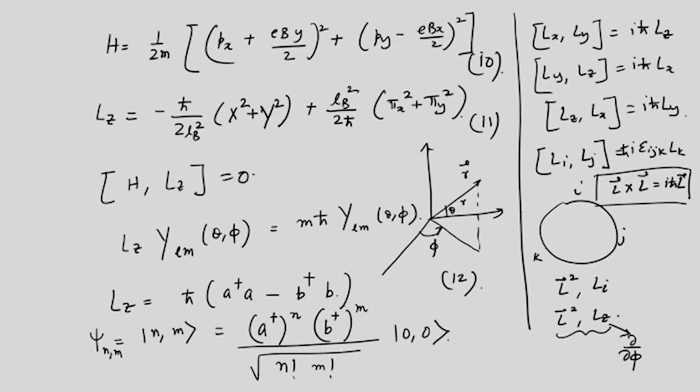We have introduced these new A and B operators in order to write the eigenstates of the Hamiltonian in equation 10. These are the eigenstates of equation 10, let us call them 13 and so on. Okay. So, the quantum number n denotes energy and m denotes degeneracy.